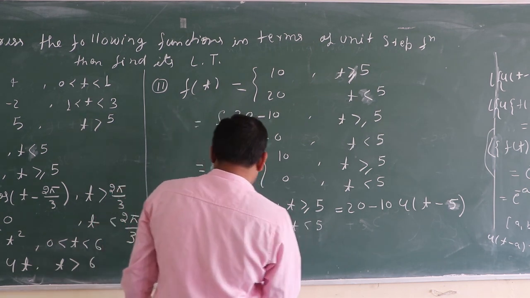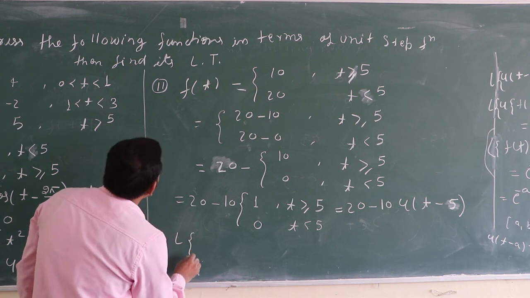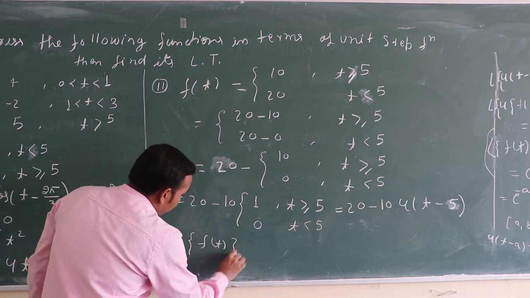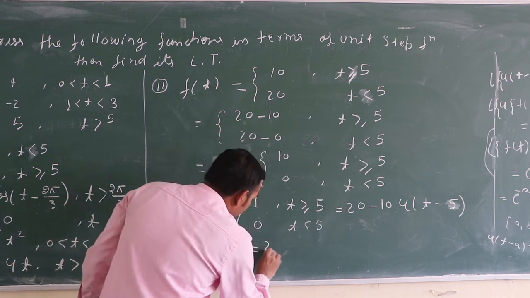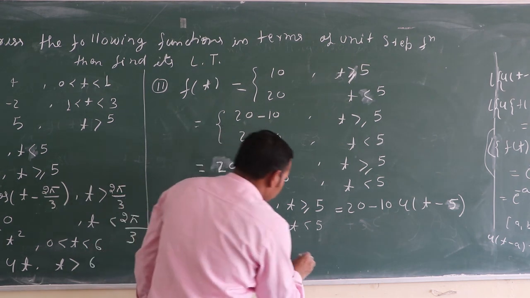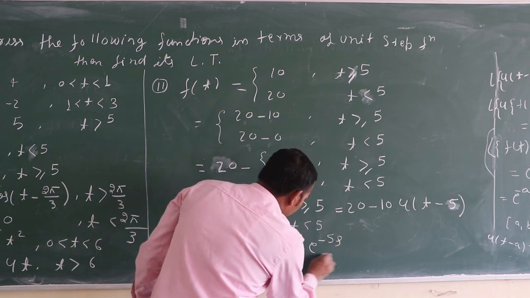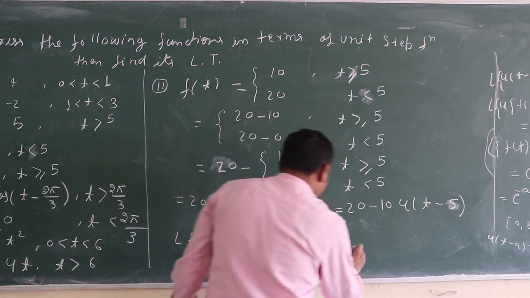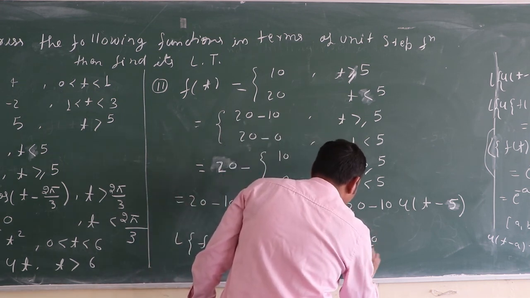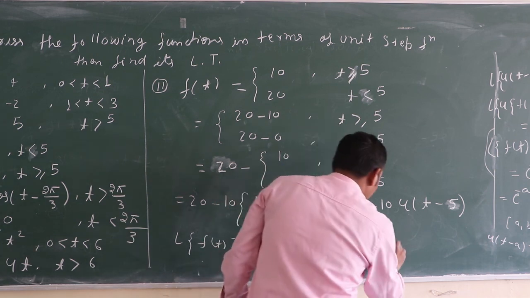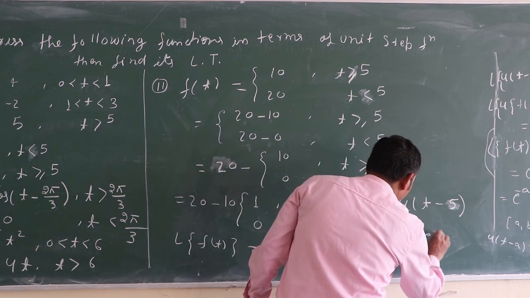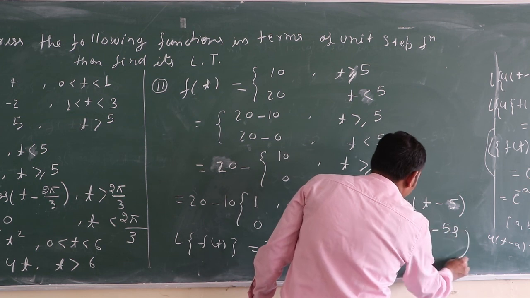And so Laplace of f of t equals 20 upon s minus 10 e to the power minus 5s upon s, that is equal to 10 upon s times (10 minus e to the power minus 5s).